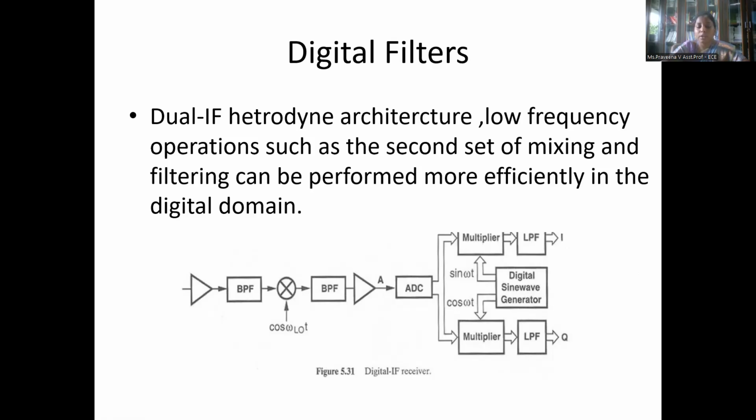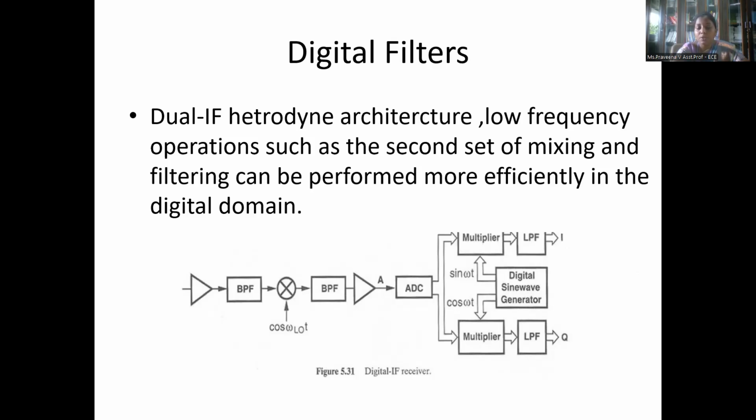Then it is given to the ADC. ADC is the analog to digital converter. It converts the analog signal to the digital signal. And then the digital processing section. The digital processing contains a digital signal generator, and it produces two reference signals, cos omega t and sin omega t. These are multiplied in the digital mixers.